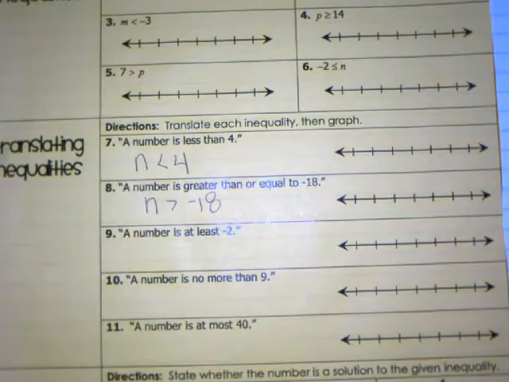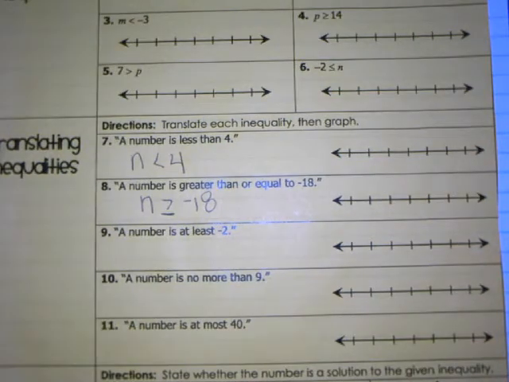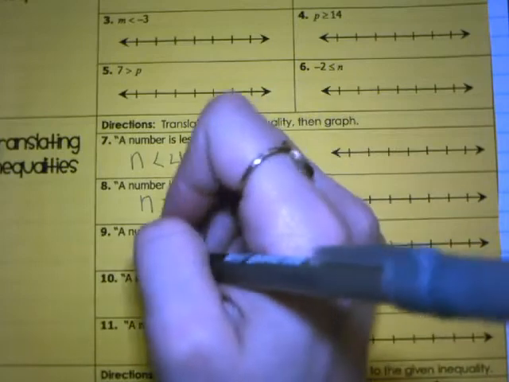So like that? There you go. So hopefully you have it written like I do on the board. 19, what did you and your partner say for number 9?